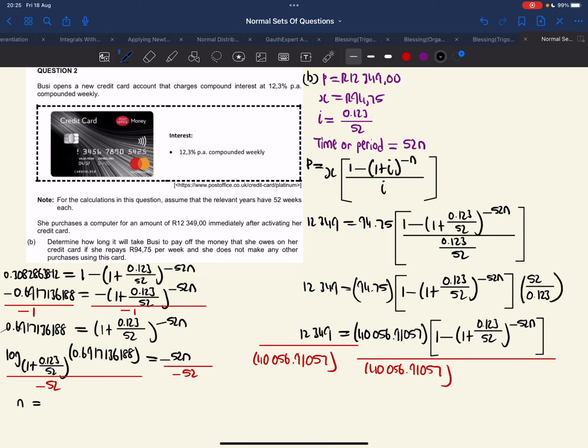When you put that in the calculator, you should get 3.00154501, and that's in years. If you round off to the nearest year, you get 3 years. So basically this is how you could have done this kind of calculation.